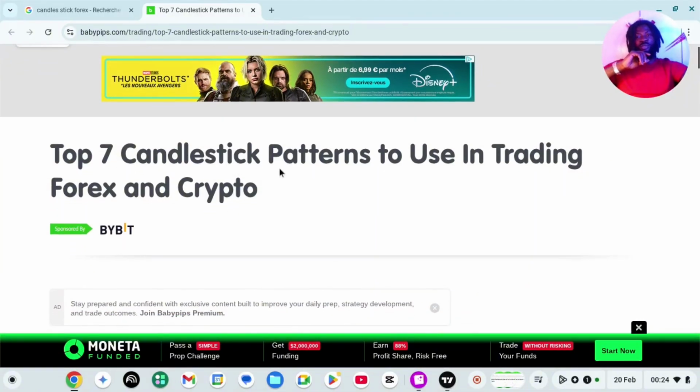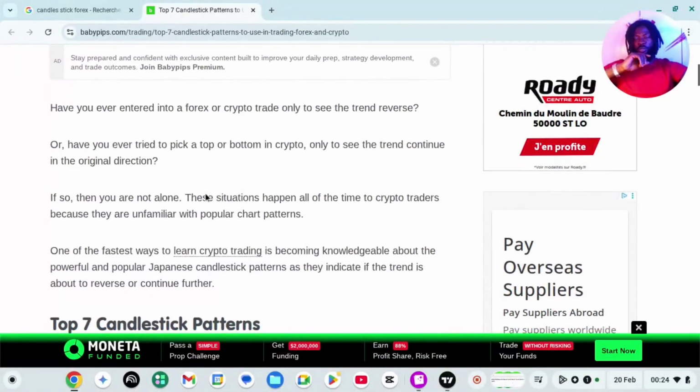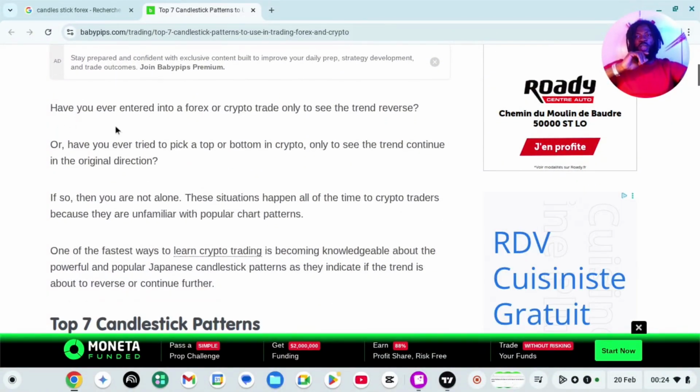Top 7 candlestick patterns to use in trading forex and crypto. That's the title. Now let's read. Have you ever entered into a forex or crypto trade only to see the trend reverse? It's a question.